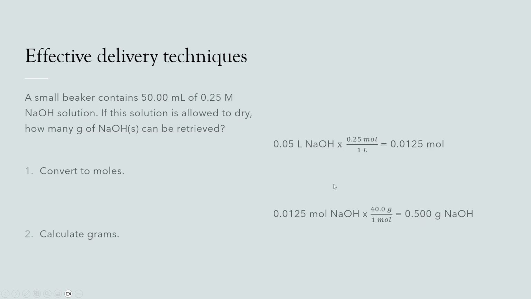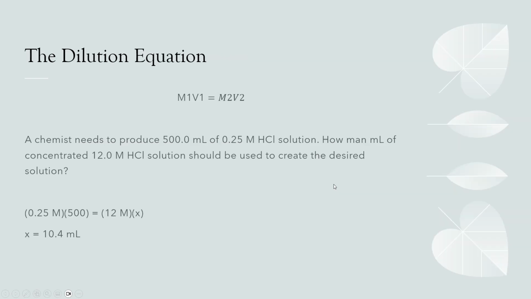Okay? And next is this slightly different equation, which is our molarity times volume equal to our molarity times volume. Now, that might be a little bit hard to understand, but let's try this practice problem and I think you'll get it.